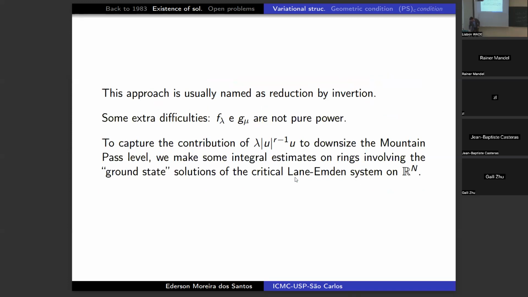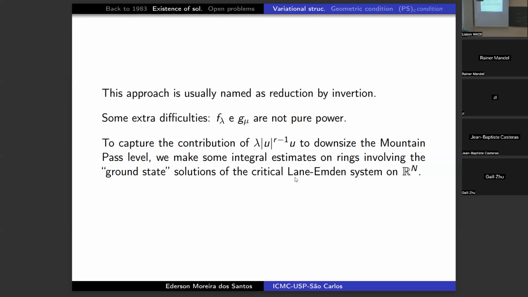Okay. As I said, this approach is usually named a reduction by inversion. It was used a long time ago by Pierre-Louis Lions. And as I said, some extra difficulties come because F lambda and G mu are not pure power. Then we have to do some delicate estimates, because when we invert, we keep this part here, but then we have the non-homogeneous part in the first equation that comes from these.